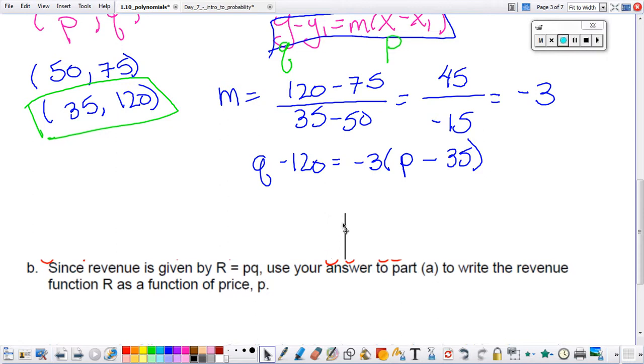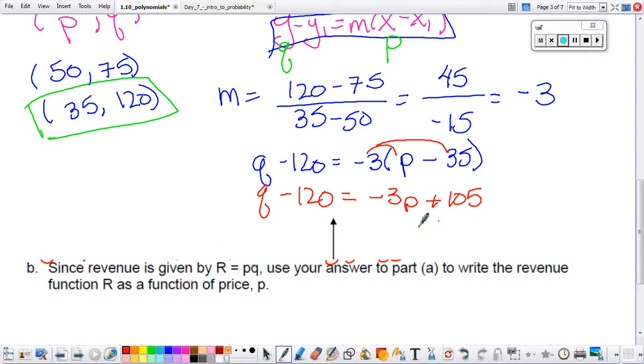Take a second to do that. We're going to distribute the negative 3. And we're going to add the 120. Plus 120 is 225.